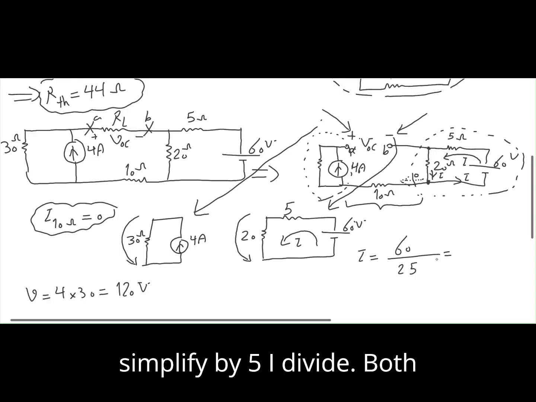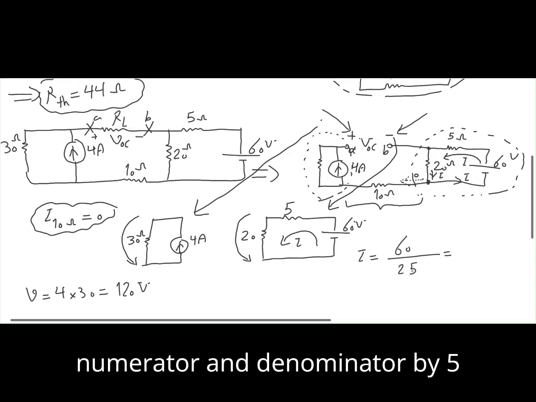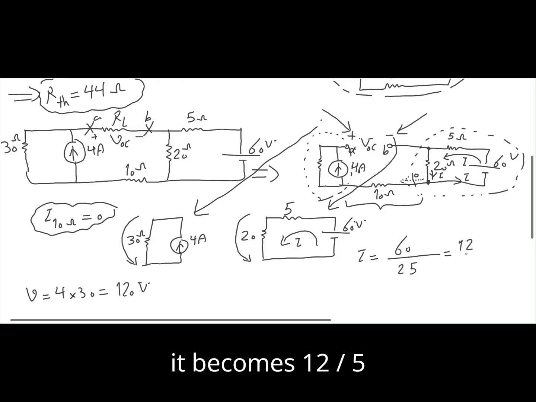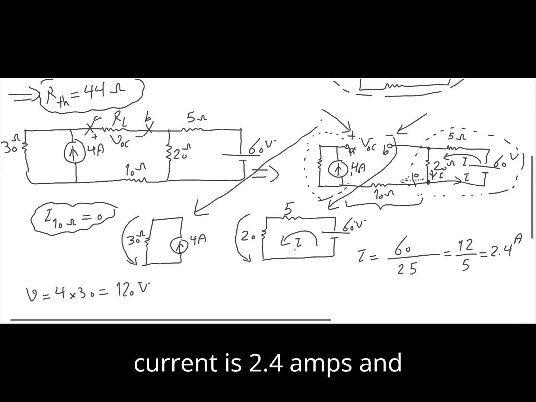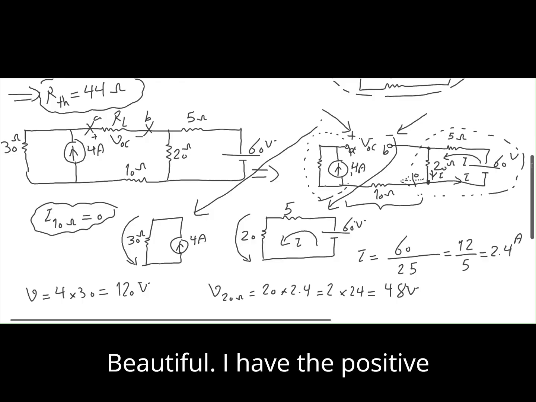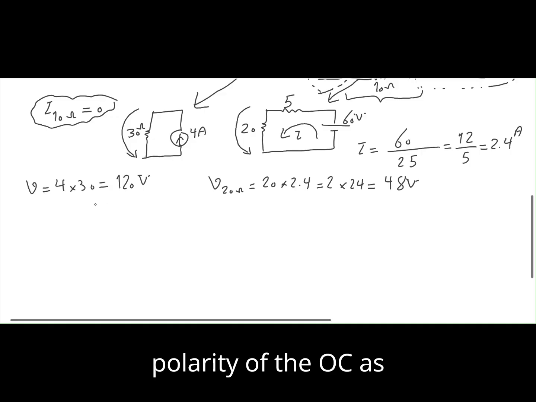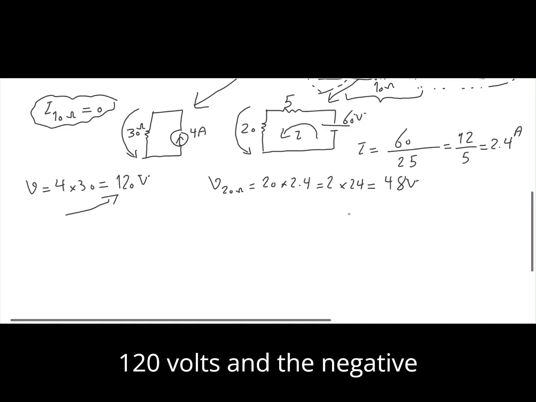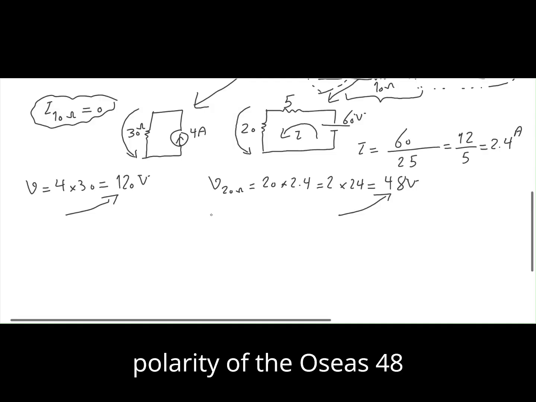If I simplify by 5, I divide both numerator and denominator by 5, it becomes 12 over 5, or 2.4 amps. Okay, the current is 2.4 amps, and the voltage across 20 ohms is 20 times 2.4, or 2 times 24, or 48 volts. Beautiful. I have the positive polarity of VOC as 120 volts and the negative polarity of VOC as 48 volts.